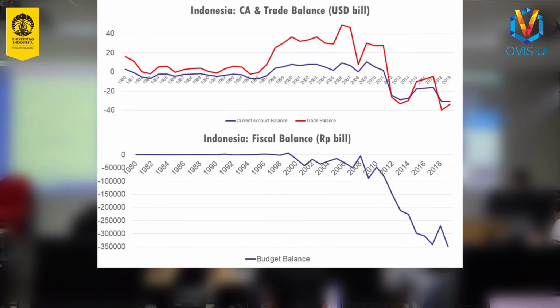That's basically the fiscal balance, but in rupiah. So of course you cannot compare, because one is in dollars and the other is in rupiah. So instead, why don't we use the share of GDP? Because usually this is what is used in macroeconomics. So here is the chart.